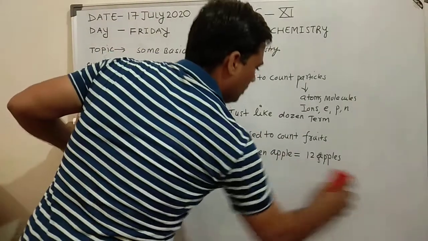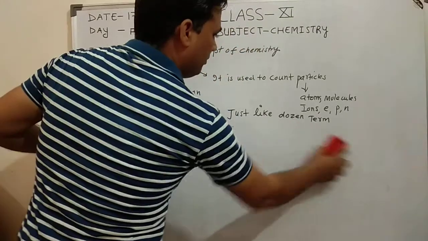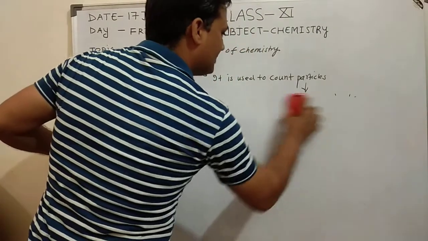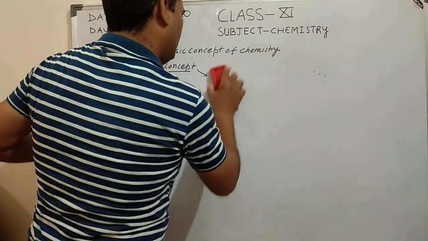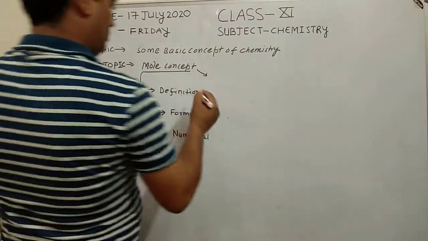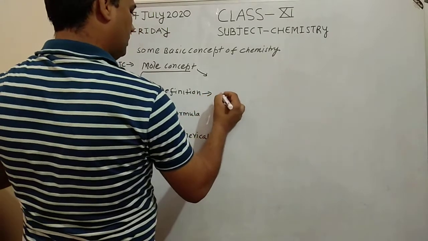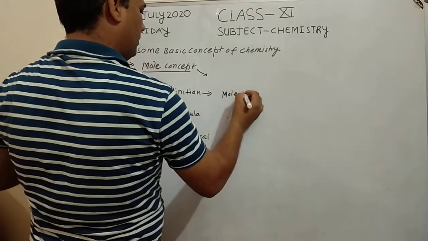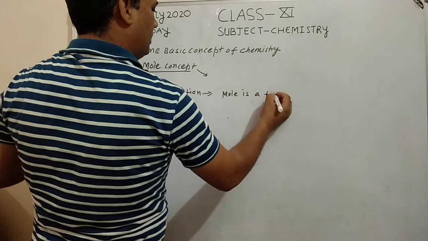So mole is a fixed number, just like dozen is a fixed number. So how can we define it? What is the definition of mole?